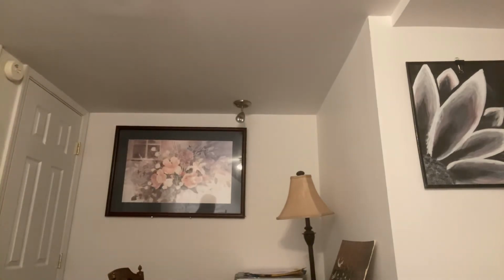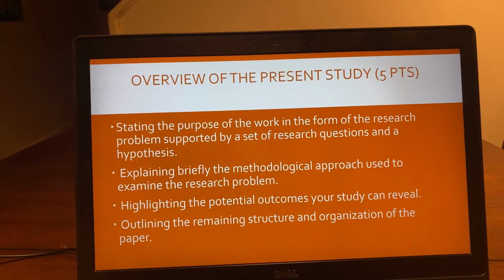Okay, the next one, so after you review this, then you will have a section, let me show you, called overview of the present study. So this will be you, because you already reviewed everybody's research. Now you have to put them back to you.